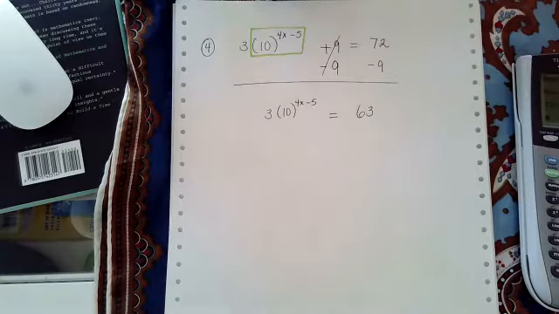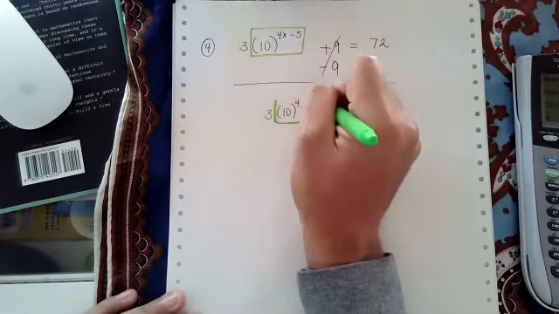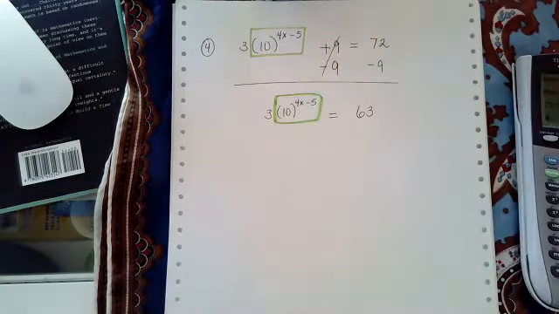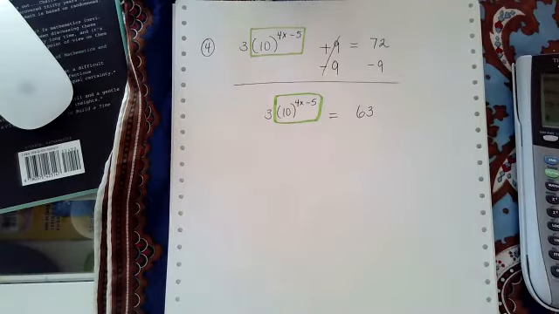Okay, so again, we're still trying to isolate the exponential expression. So how can we move the 3 over to the other side? What operation will we do to move that 3 over? A division. We'll do division, right?